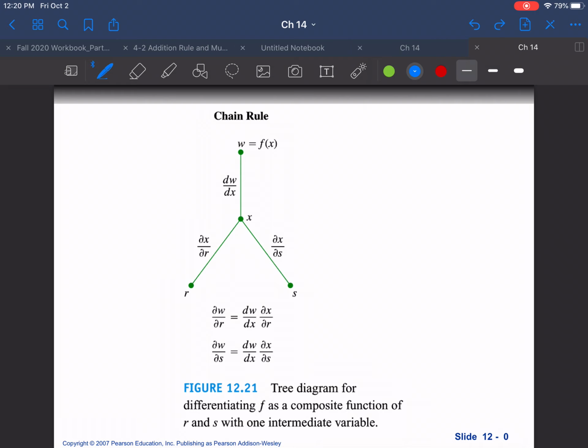We're simplifying it further. Basically x is a function of r and s, like this. And then the second derivative, partial w partial s, is just doing it for x. But notice now this becomes the regular old derivative, whereas the second one is the partial, because x is a function of r and s in this example.